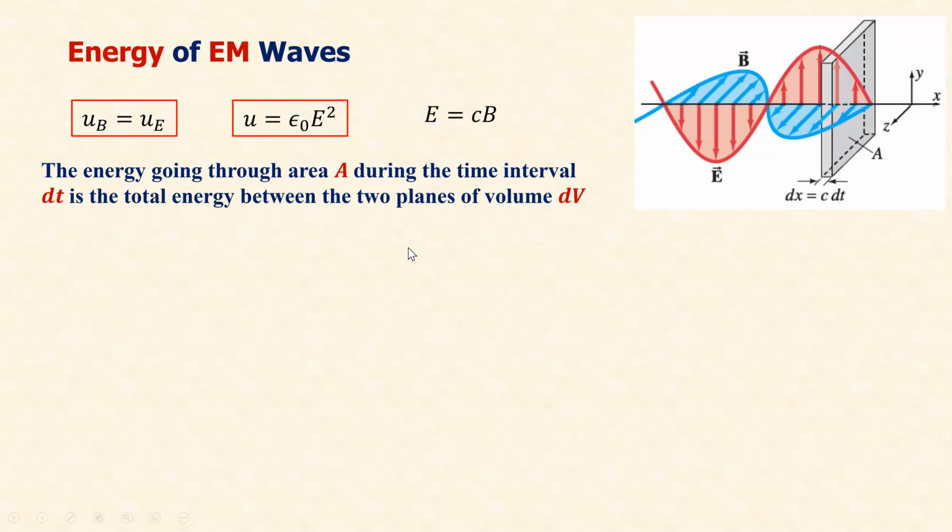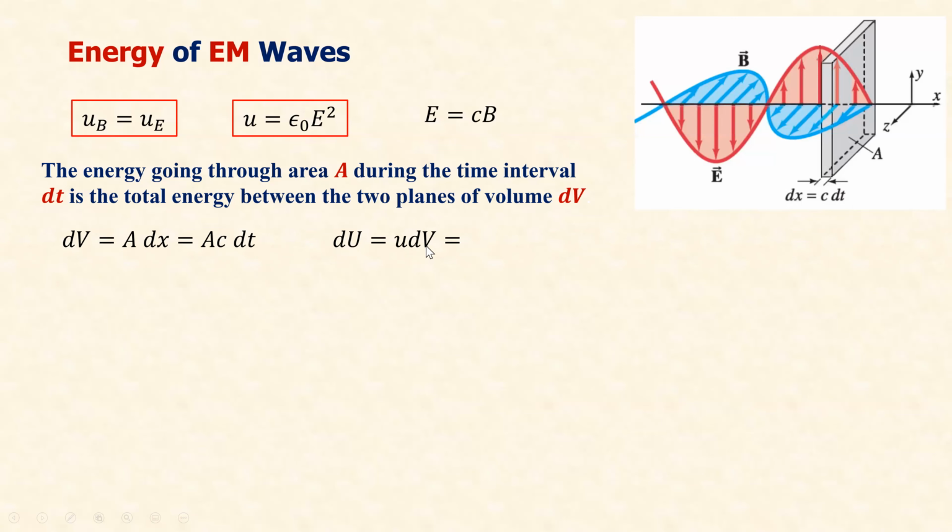And dv is A times dx, but dx is c times dt, so it becomes A times c dt. And then du is the energy density of the electromagnetic field times dv. So energy density is du over dv, energy per unit volume. So du is u dv.